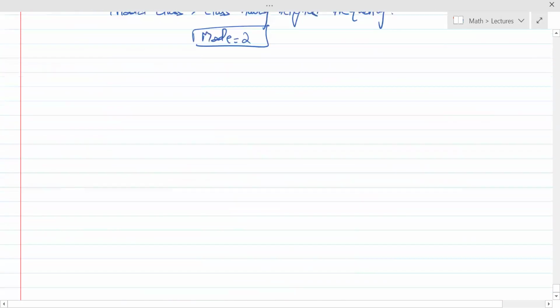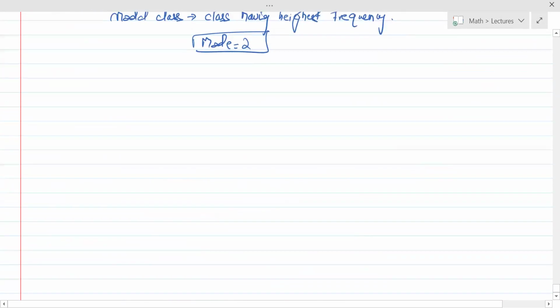Sometimes we get questions based on mean, median, mode where we have to complete a certain table of values and then go for the mean, median, and mode. Let me pick one example for this.